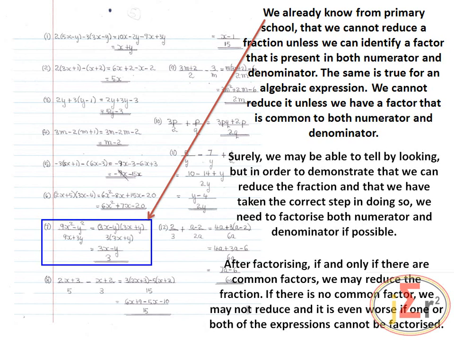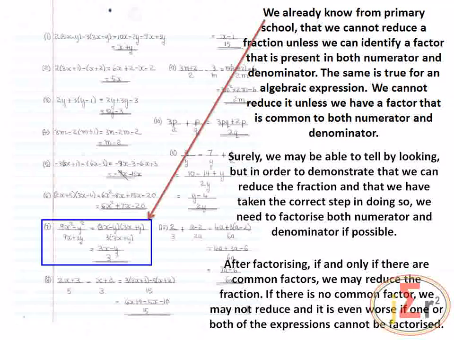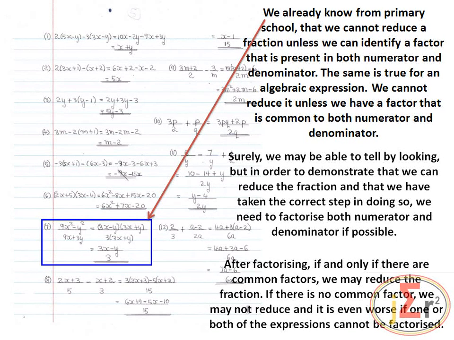So we have to factorize first, and if we have common factors, then we may reduce. If we do not have common factors, then we may not reduce. And it is even worse if we do not have factors of one of the expressions. So it is worst if one of the expressions cannot be factorized. That means we cannot proceed to reduce the fractions.